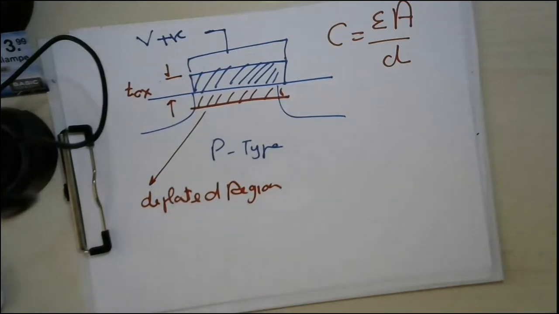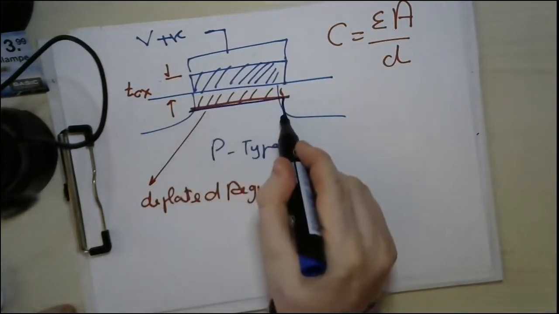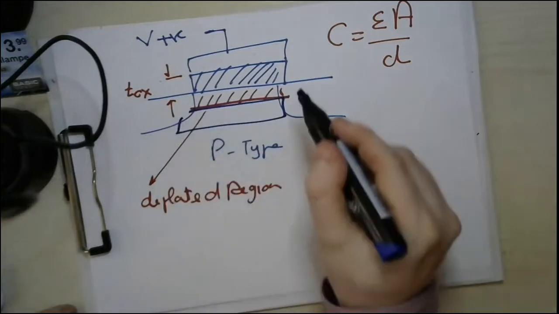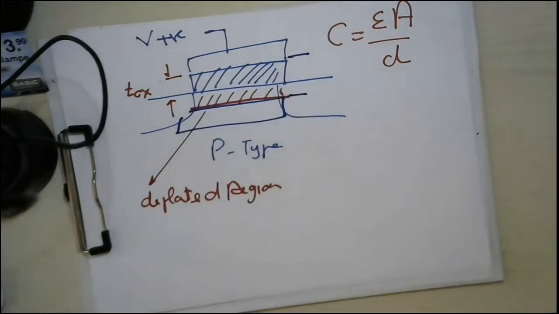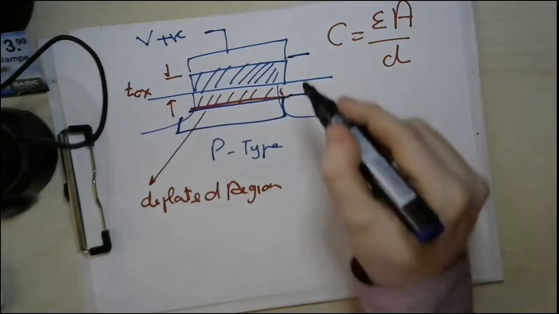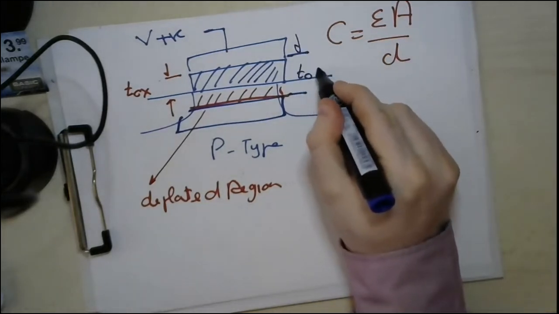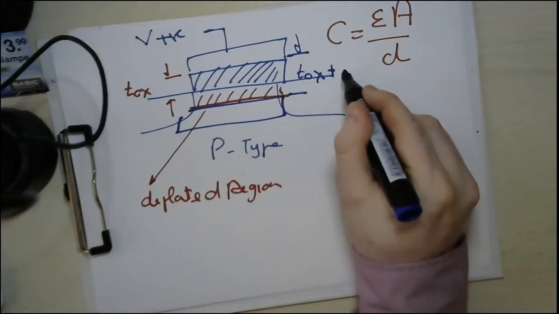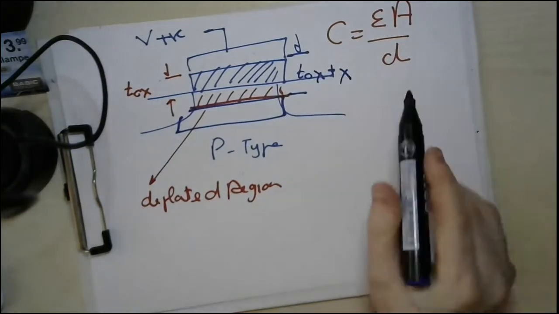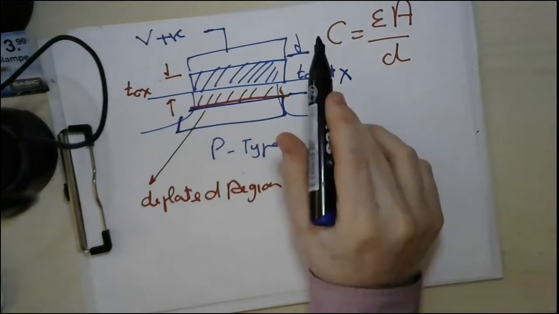Because it repelled holes and it still did not attract electrons. The next step is that it will attract electrons and will turn it to n-type. So if you now study this capacitor, this is your first conductor, and now this is your second conductor. This is still p-type, and the effective distance or thickness of the oxide becomes T oxide plus some distance, let's call it x. So you increase D, then the capacitance decreases.